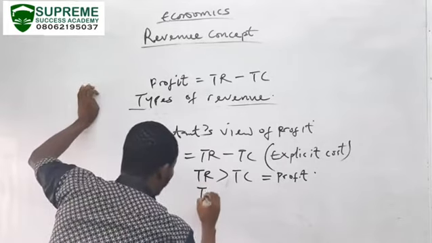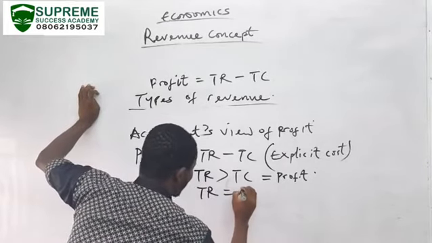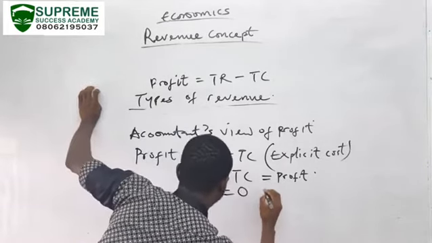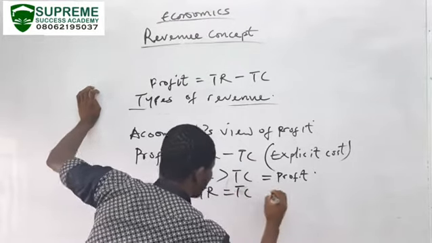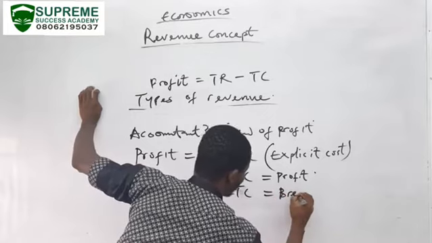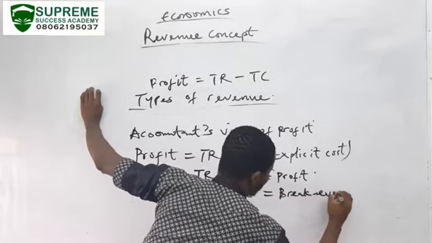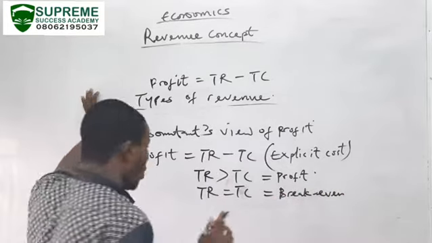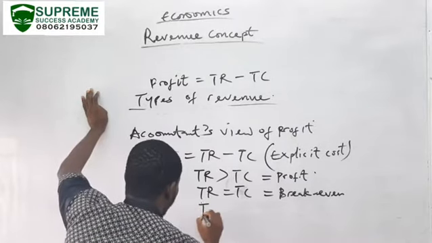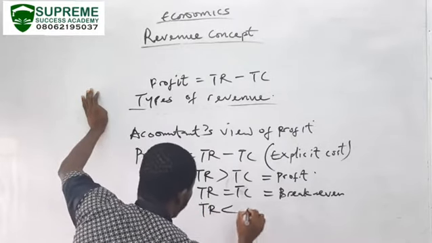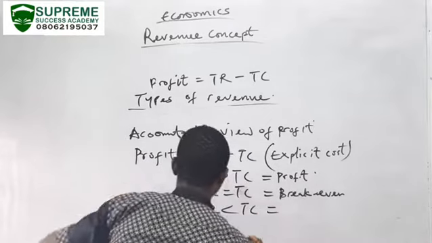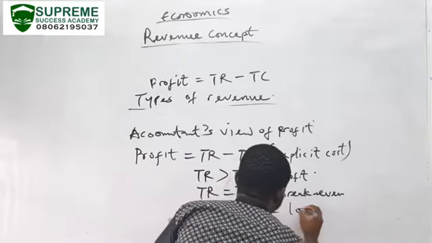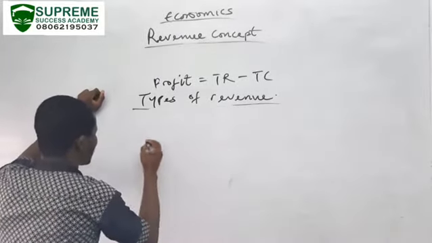When the total revenue is equal to total cost, this is break even. And the third one is when the total revenue is less than total cost, then there is loss.